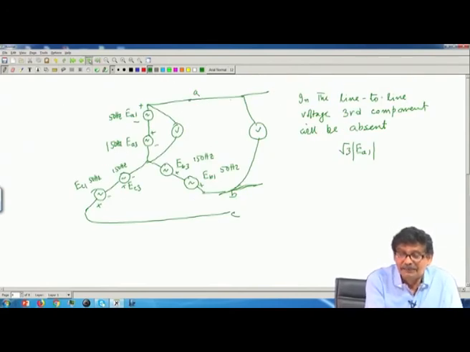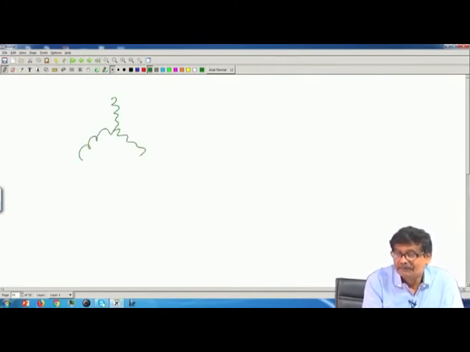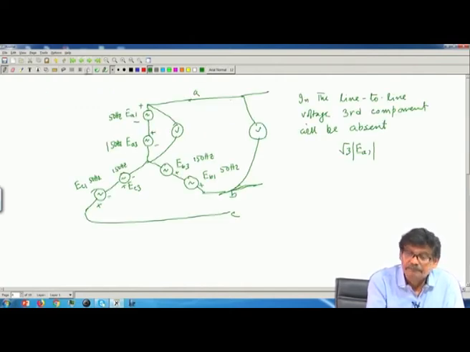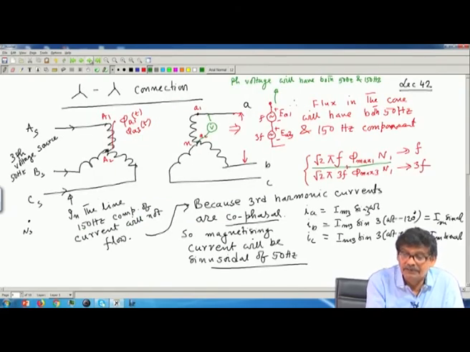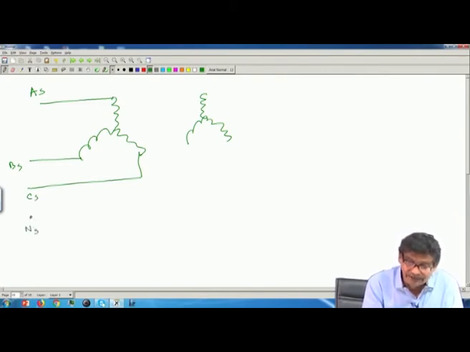Suppose I say this is the primary star, this is the secondary, and for a change, this is B S, and this is C S I have drawn, and the supply neutral, listen to this point, I have also connected to this primary neutral.